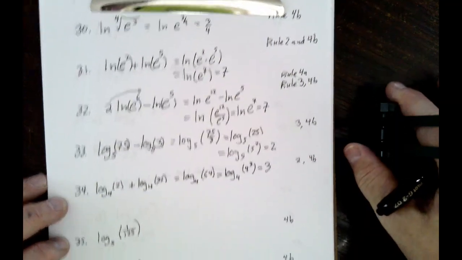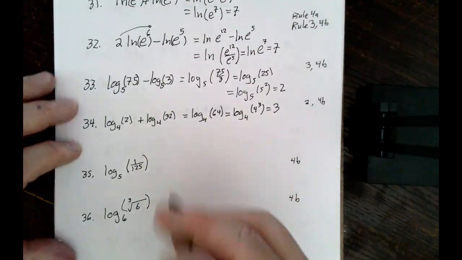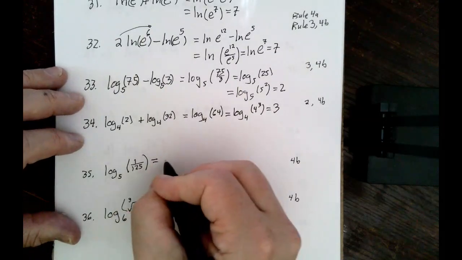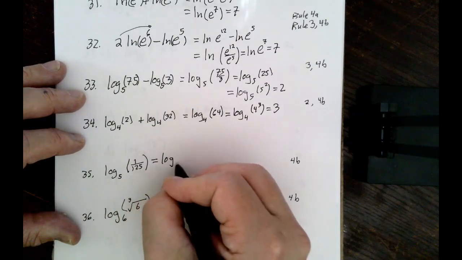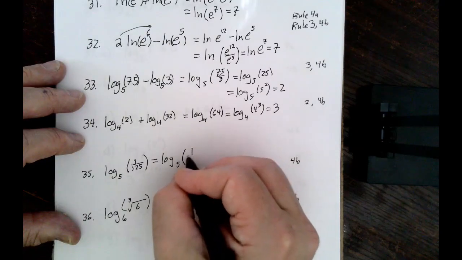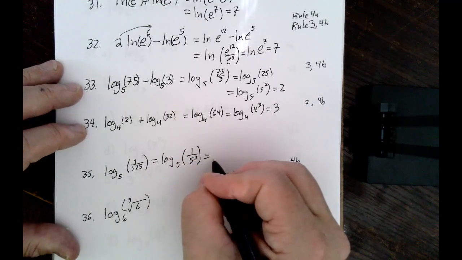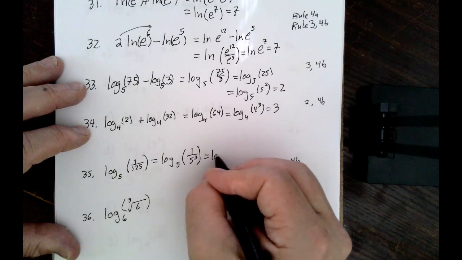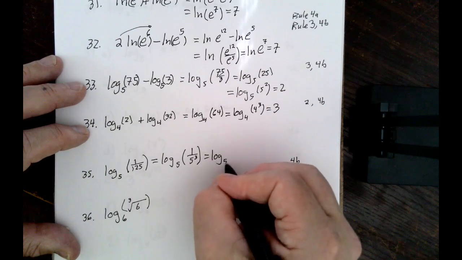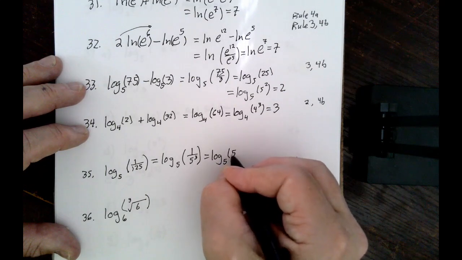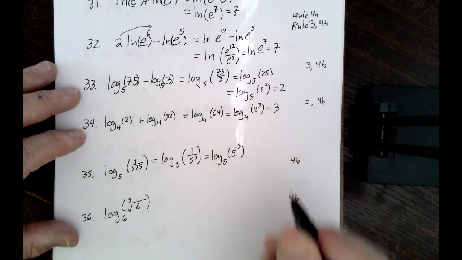This one, you can write 125 as 5 cubed. And then you can bring the 5 cubed across the fraction bar. It changes your exponent sign.